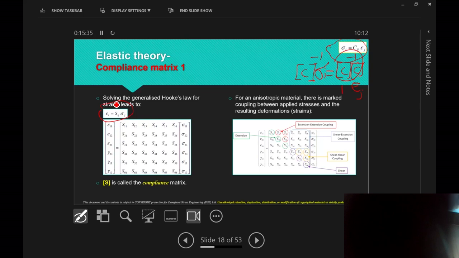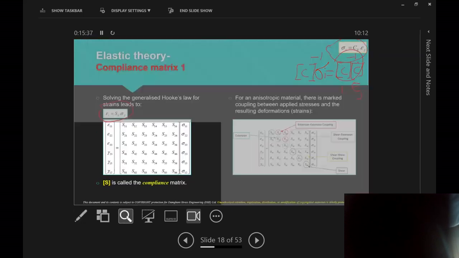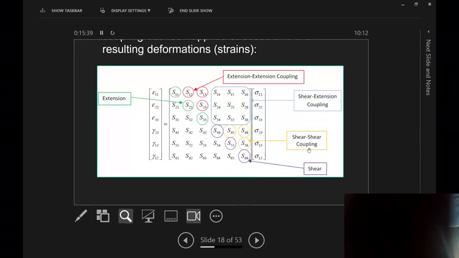What is interesting about composites is this matrix, and we will see. Essentially S11, S22, and S33 represent the extensional behavior of the composite.